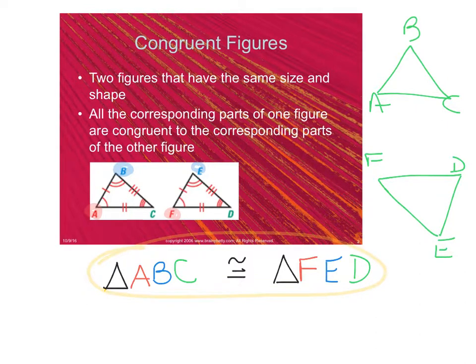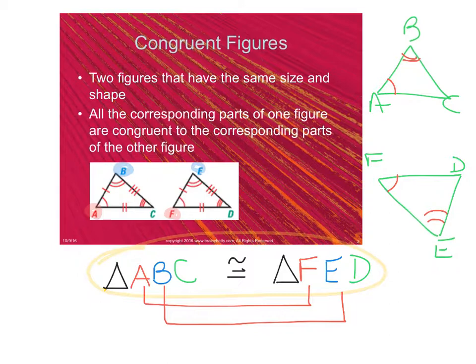So for example, notice A in red matches with F, so I could put one congruency mark here and one here. Then the B, which is in the middle, matches with the middle here, and you could put two to show that it matches. And then lastly, the green, D, would get three, and it would match with the C. So you can do this by just looking at the statement.